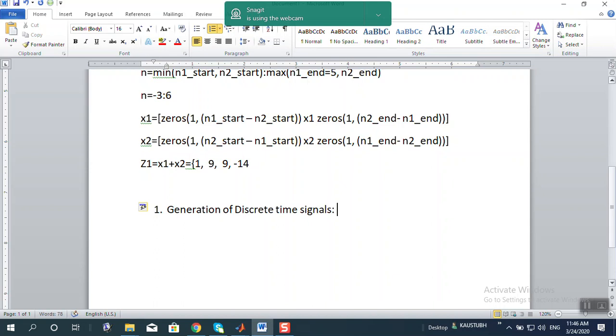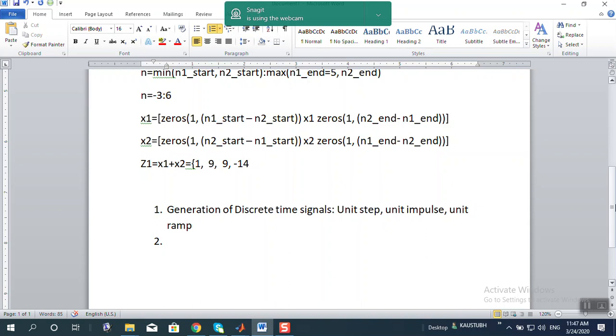For that we generated unit step, unit impulse, and then unit ramp. So this we have already generated.